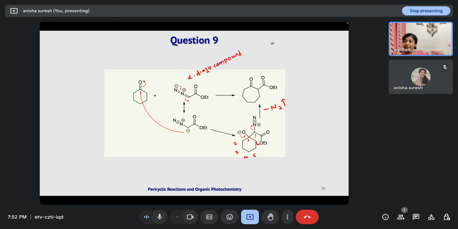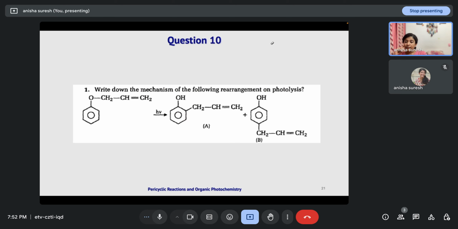Now, if the mechanism is clear, we can move to question number 10. Write down the mechanism of the following rearrangement on photolysis. A similar reaction we have seen while we were dealing with 3,3 sigmatropic rearrangement. That was an example of Claisen rearrangement, which was taking place under thermal condition.